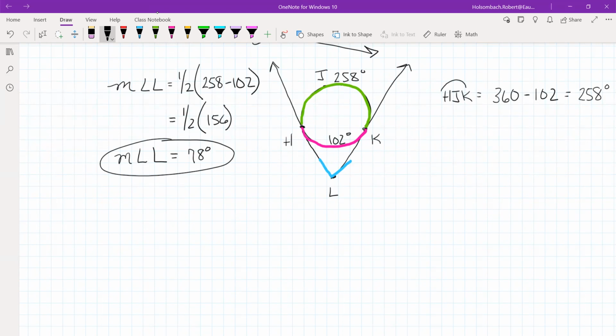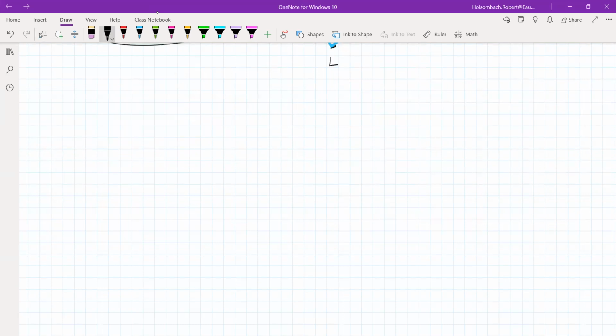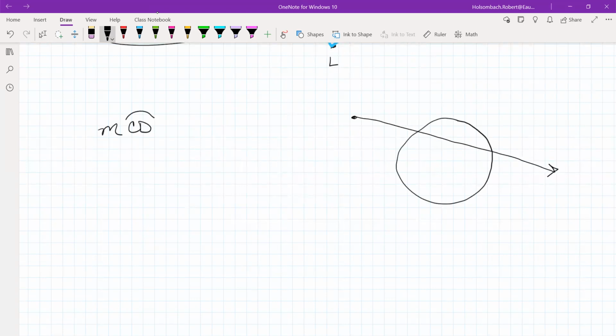Let's look at that second example there. They're asking you to find the measure of arc CD. Here's our circle. Looks like we have a secant. And then we've got a tangent.